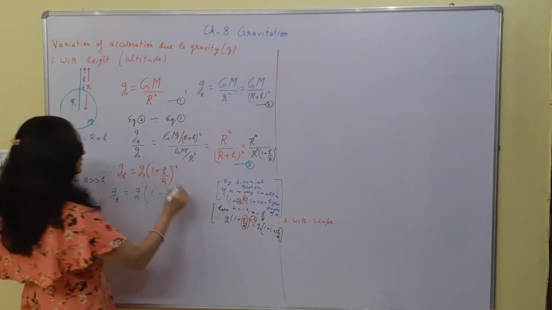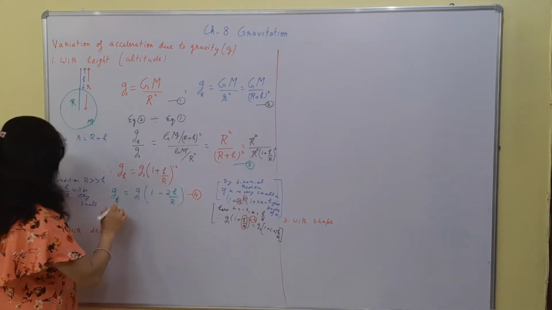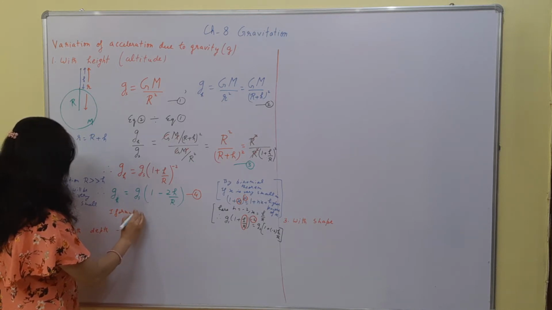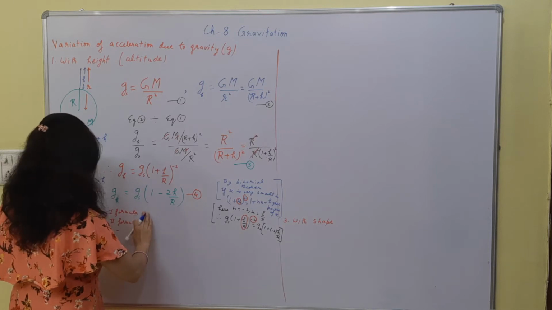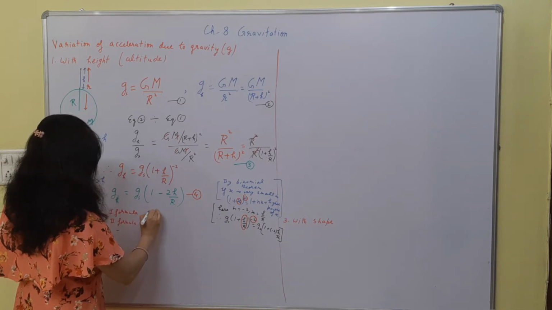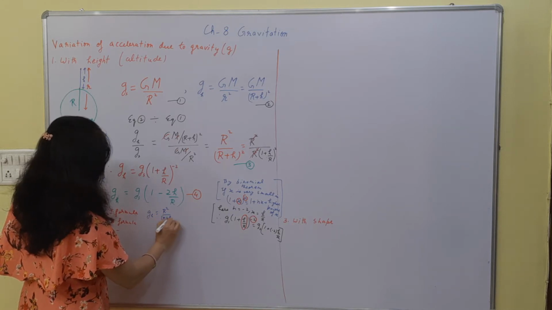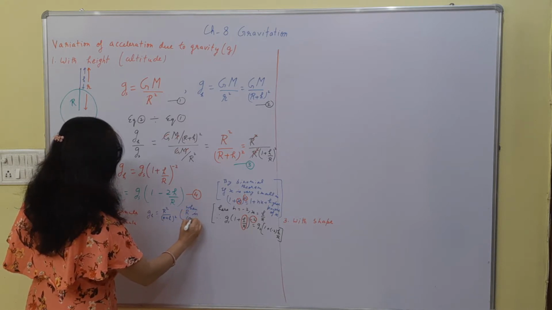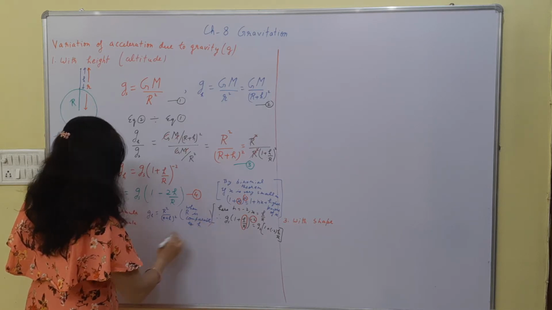So we have these two formulas for variation with height. The first formula is g_h is equal to R square upon R plus h whole square into g at the surface, when R is comparable to h, right?